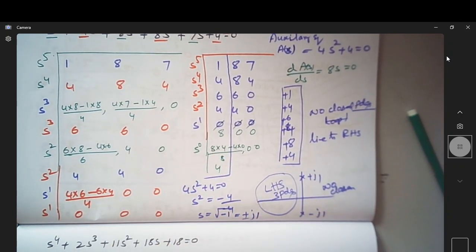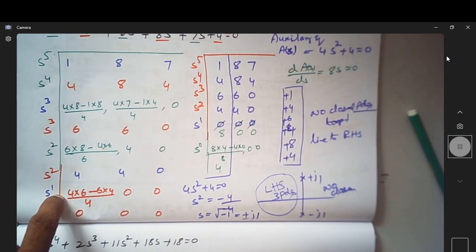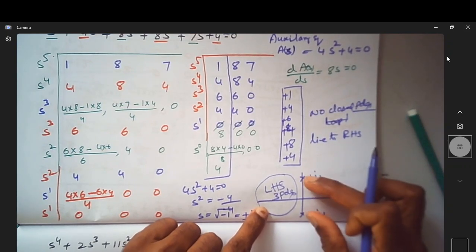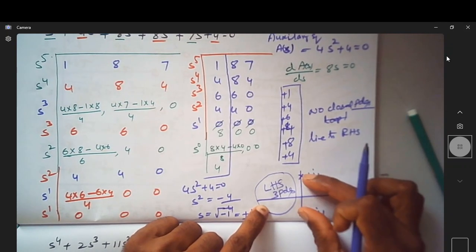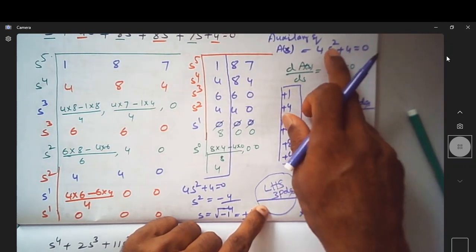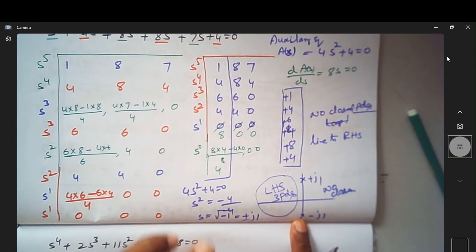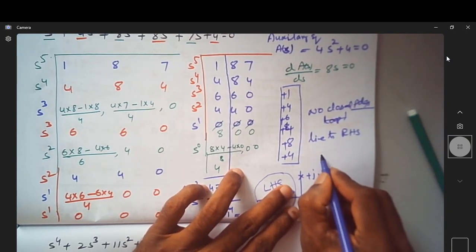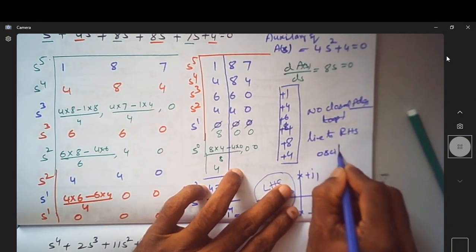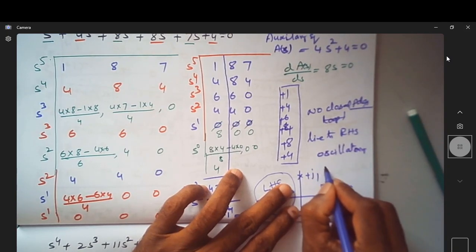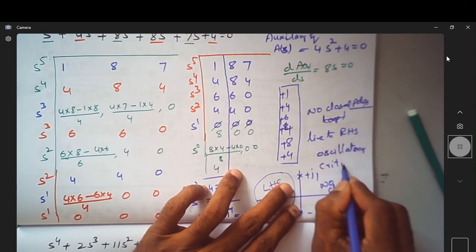So now whenever an auxiliary equation comes, before deciding what is the stability, you have to see where are the roots of auxiliary equation. If the auxiliary equation roots are on the imaginary axis, then you have to say system is oscillatory, or it is critically stable.